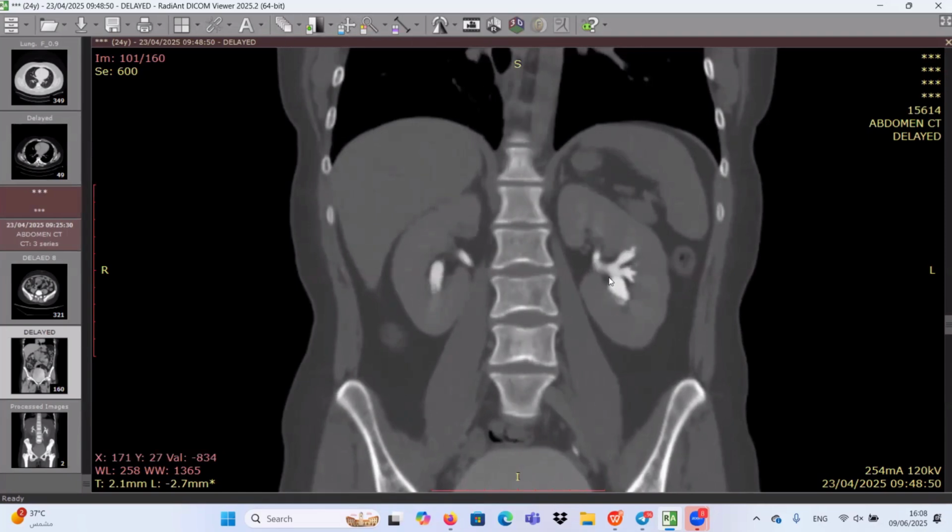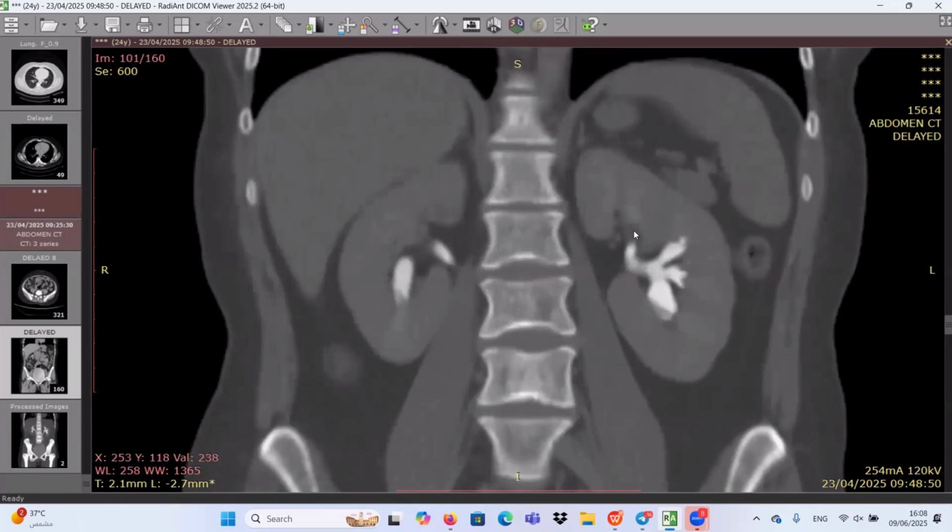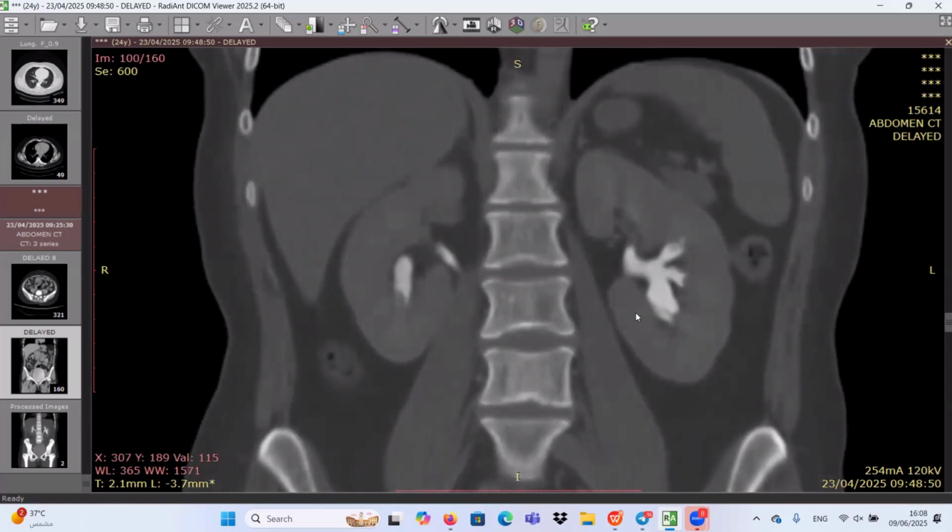Let's focus on the kidneys. What do you have on the left side? I think it's enlarged compared to the right. What about the middle calyceal group on the left side? It's blunted and having... What is this area?